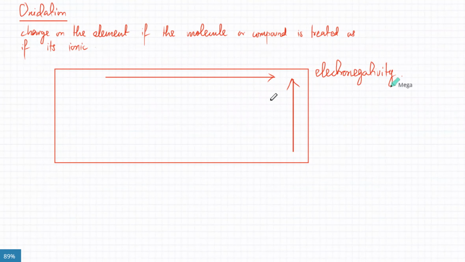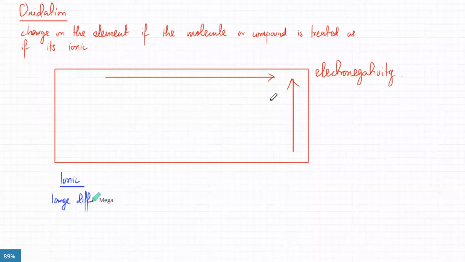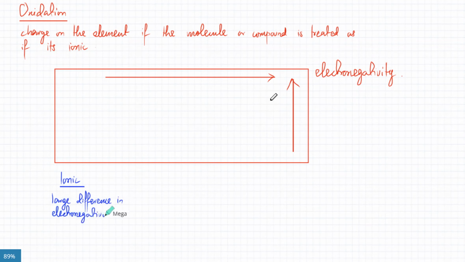So you've got all sorts of compounds. Sometimes the compounds are ionic. When do you have ionic? Ionic compounds are when you have a large difference in electronegativity. Whenever you have a very large difference in electronegativity, you get an ionic compound.